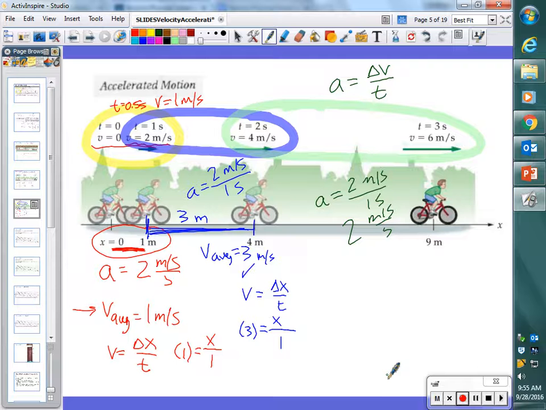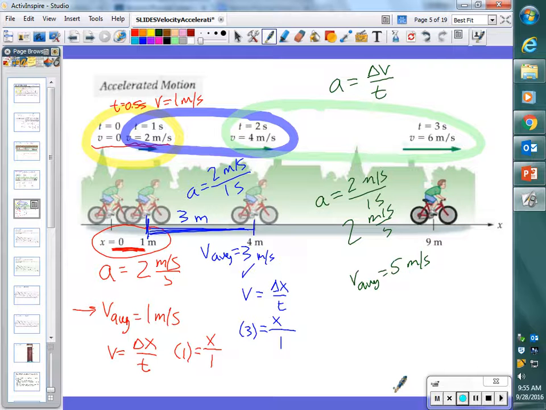Now, Julia, the first thing that came out of your mouth when I asked you the acceleration was what? 5. 5 is not the acceleration, but 5 is something important here. What is 5 during this little interval? The average velocity. Good. The average velocity during this interval is 5 meters per second. And how did you get that, Julia?